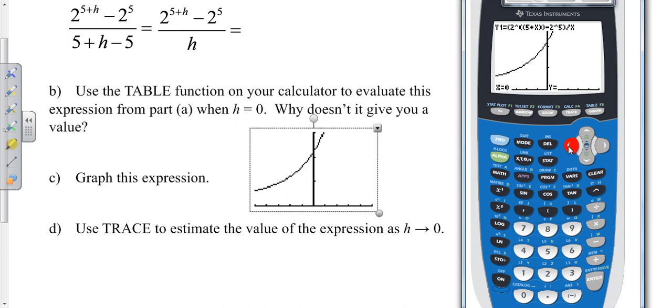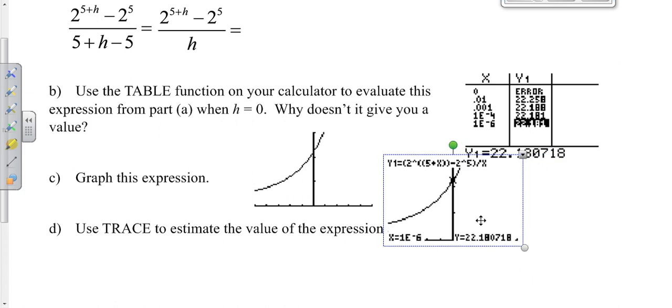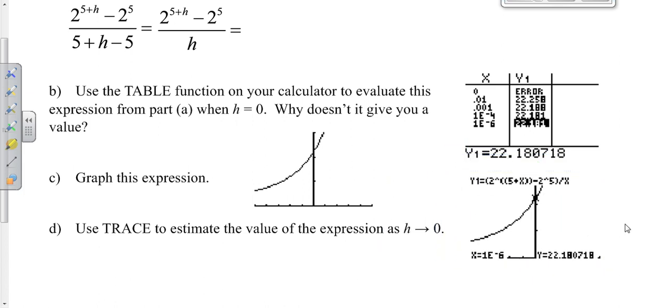Or if we go just to the left of 0 once, it gives us an estimate. Even with the trace button here, we can actually type in values. We can go 0.000, and we get values that are close. And you'll notice what we get here from our graph is very similar to what we were getting right here with our table.